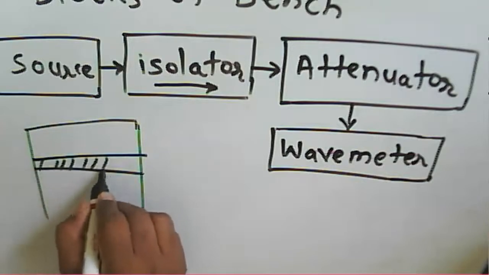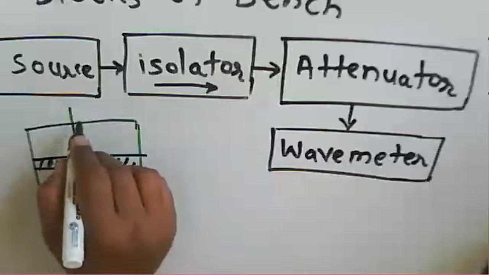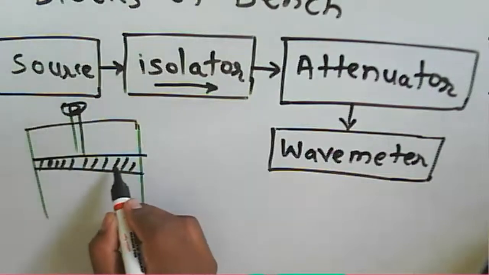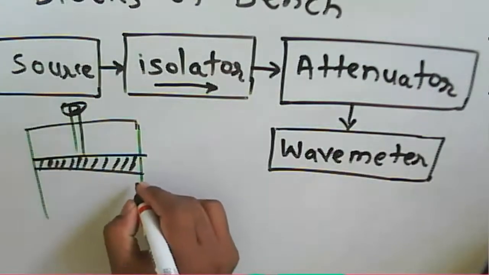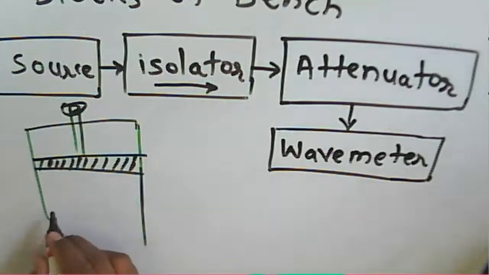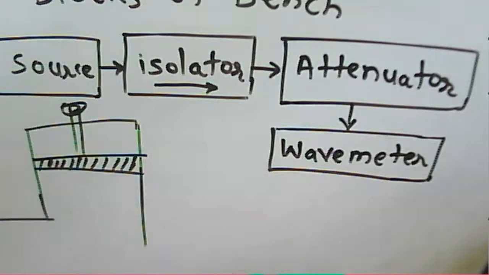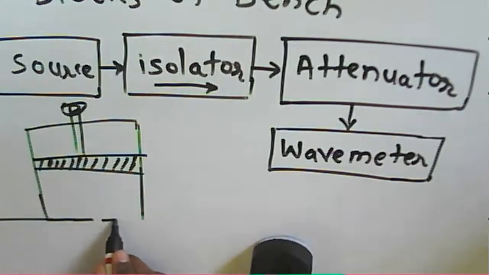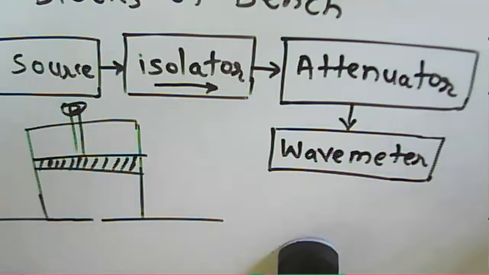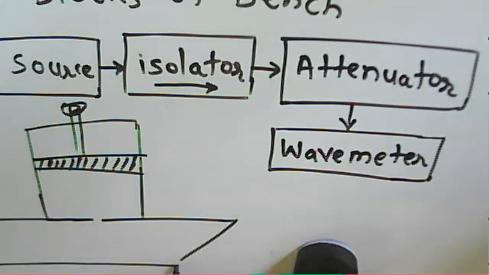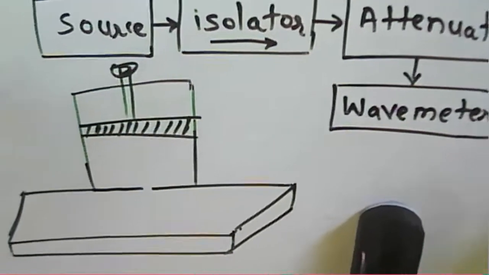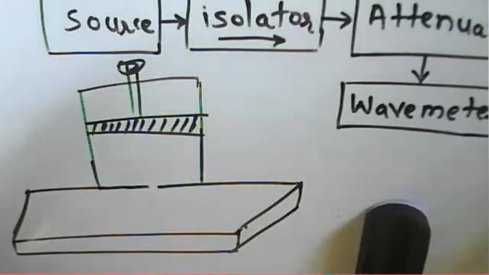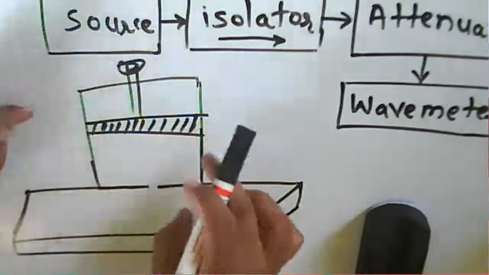There is a small plunger here, which we use to rotate the device. Now we have a waveguide, and the meter is mounted on it as a cavity.